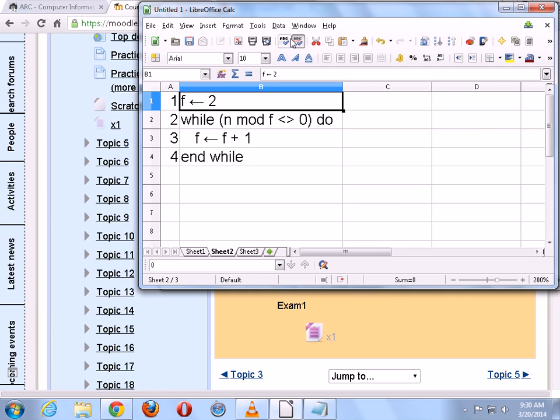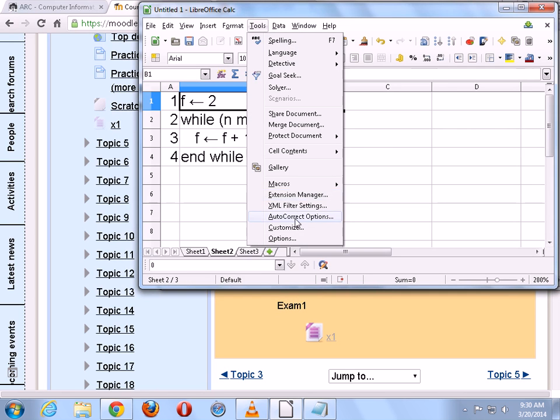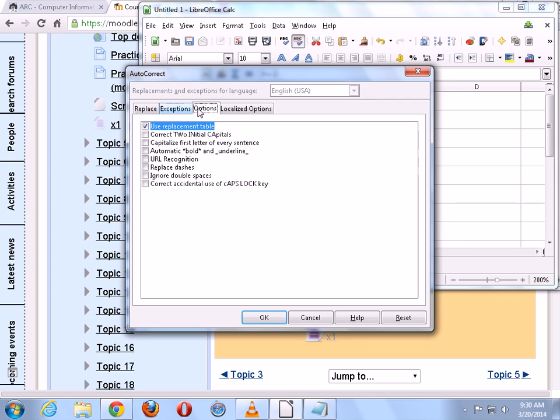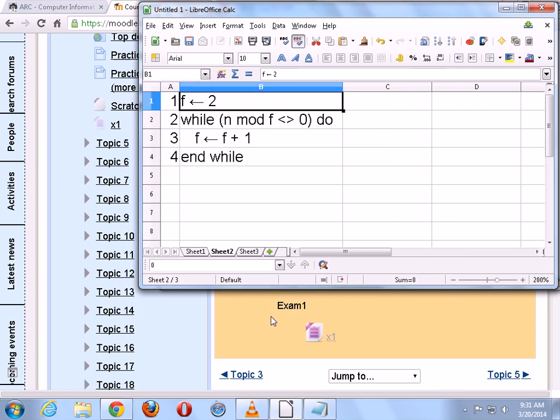To uncheck all that stuff, you just go to Tools, Autocorrect Options, and go to the Options tab, and uncheck everything except for Use Replacement Table. But in this class, you're not going to write any algorithm, so you don't really have to do that step. In the next class, you'll be writing programs in C++, but then you'll be using a normal text editor, not a spreadsheet, to write your program.